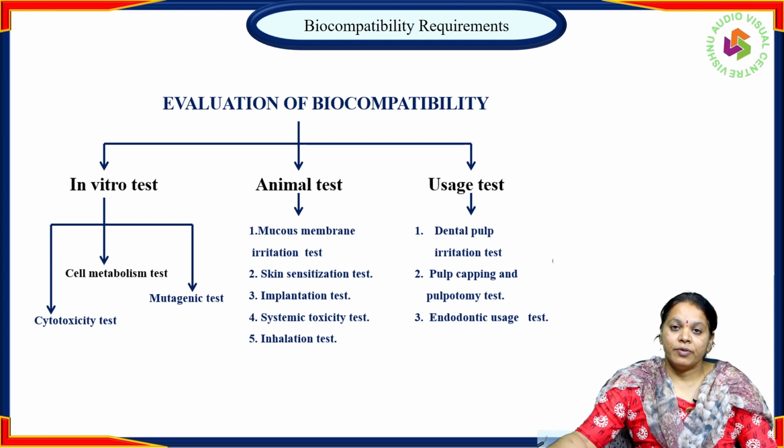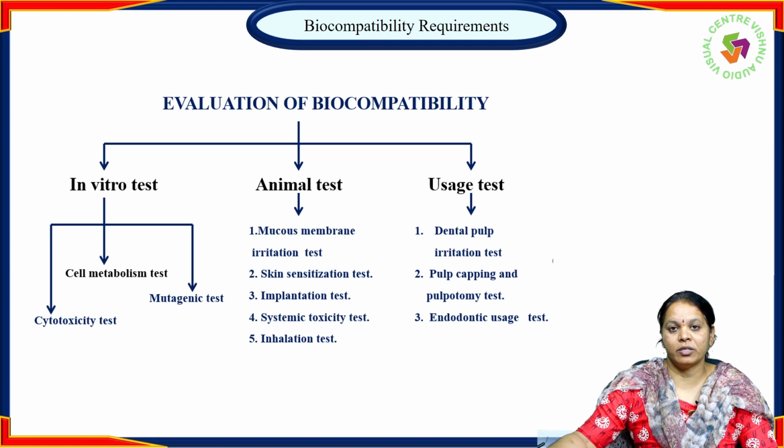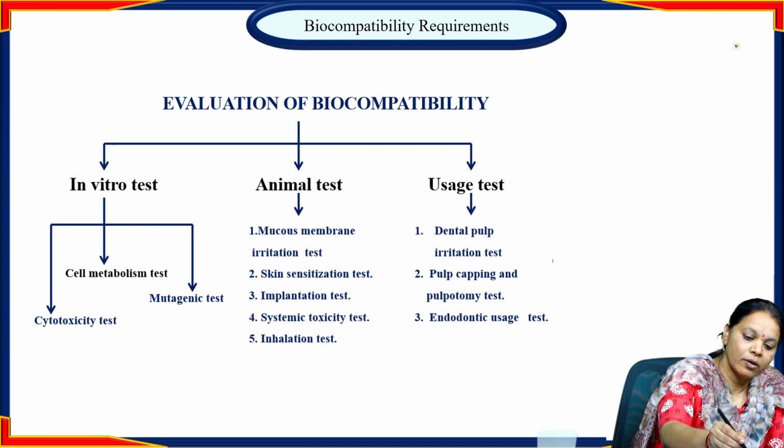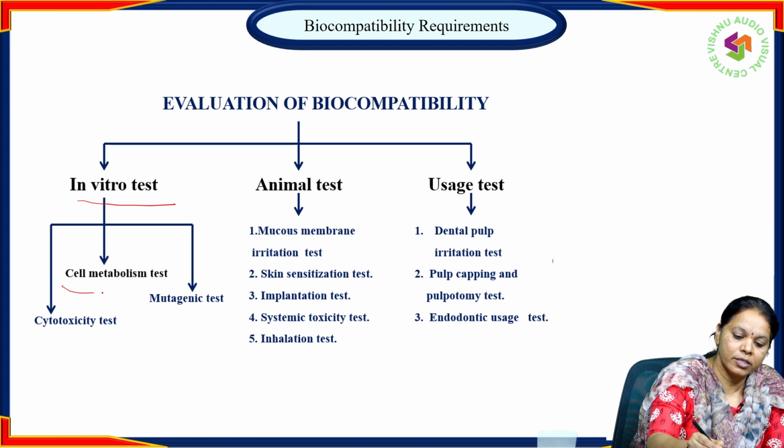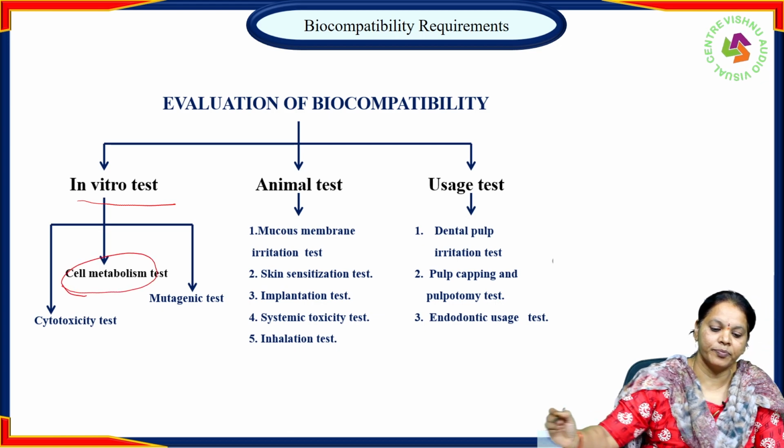So having understood the various requirements and various types of testing methodologies for biocompatibility, now we try to understand what the different aspects are in each level of testing. So in level 1, that is the in vitro test, we are mainly interested in cell metabolism.